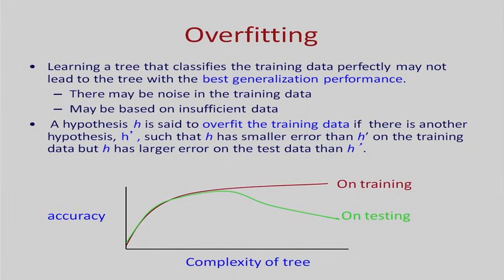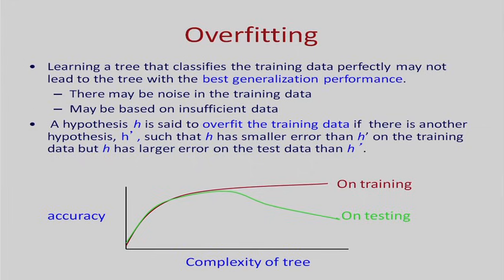However, if you test the tree at different points on a held-out, disjoint test set, what we typically observe is that as you grow the tree, initially accuracy on the test set increases. After some time, the accuracy on the test set starts to fall.